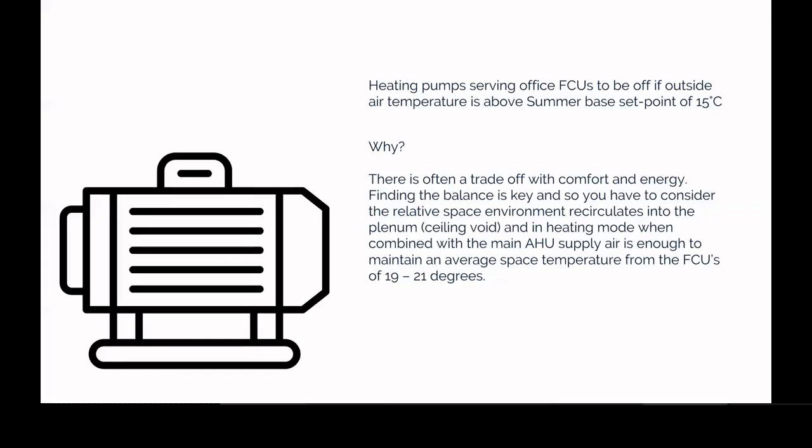So if outside is at 15, it's a fair reflection to suggest that with enough heat and body heat being generated, somewhere between 19 and 21 degrees is enough to not require the CT circuit that's providing the fan coil units, or specifically those pumps. It's a really good way of reducing energy.